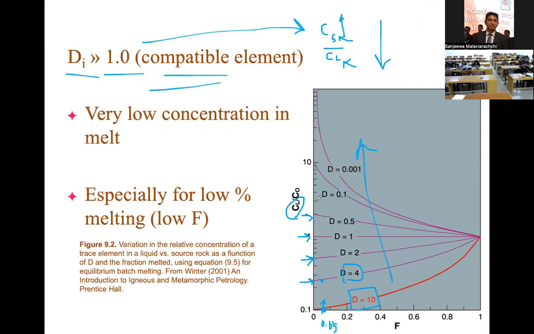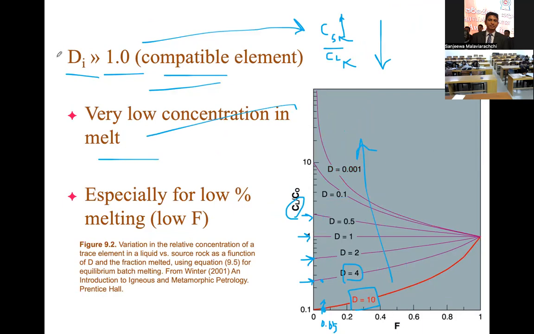But in the case of the compatible element, its concentration in the produced melt is very low, the opposite of the previous case. So these are two different behaviors for two elements.